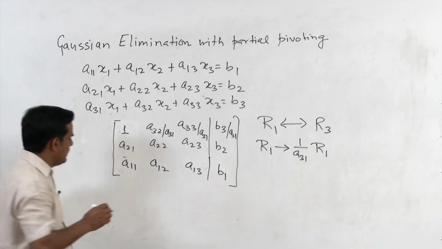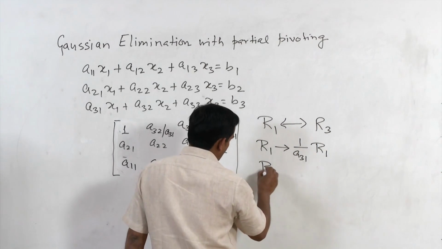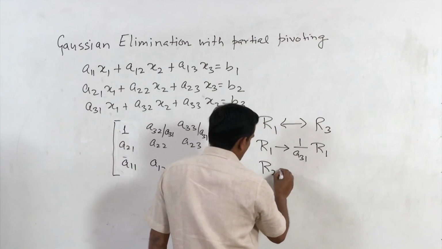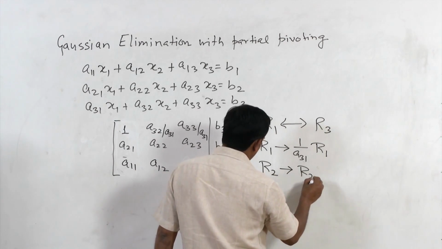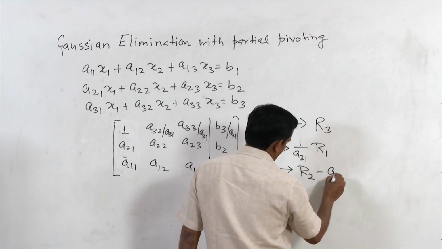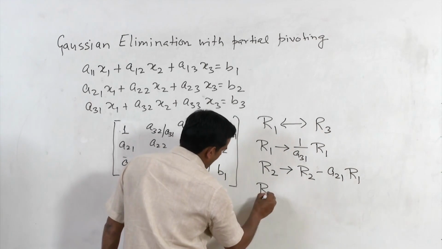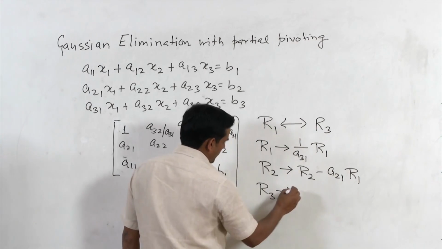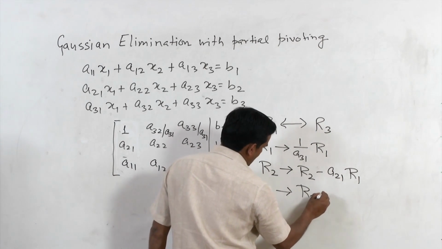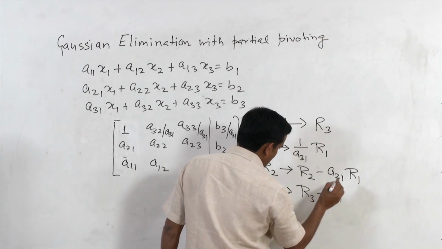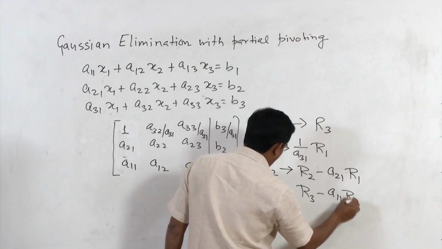For doing this, I need to perform two more row operations: R2 will be replaced by R2 minus a21 times R1, and R3 by R3 minus a11 times R1.